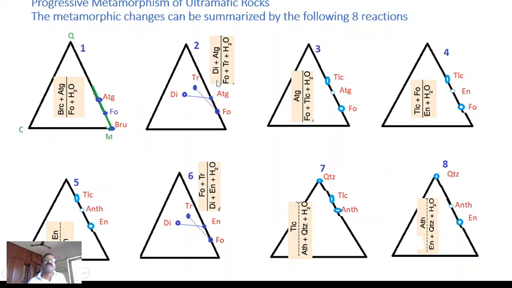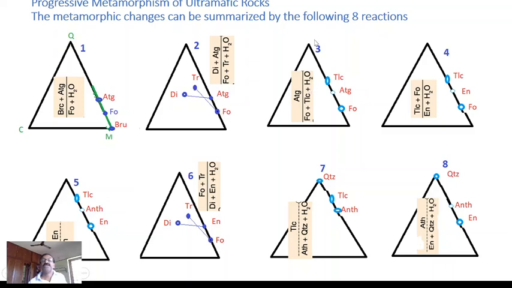The second reaction, you can see the diopside. In the earlier metacarbonates, you have seen the reaction of diopside. So that diopside will react with antigorite, will give you forsterite plus tremolite plus water. This is the second reaction. What is that reaction? It is diopside plus antigorite gives tremolite plus forsterite.